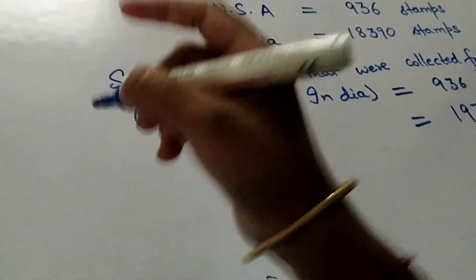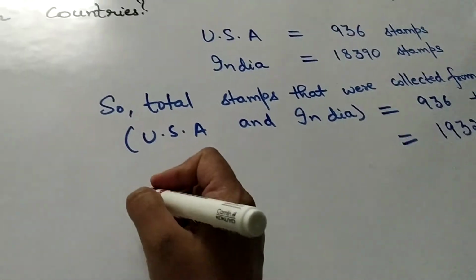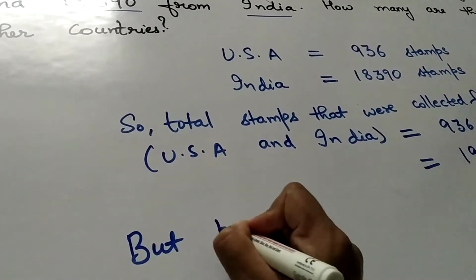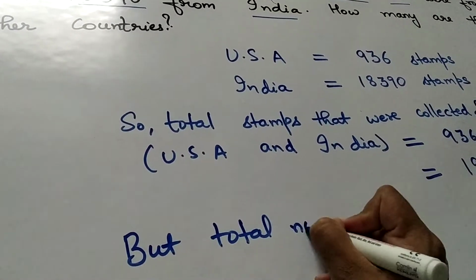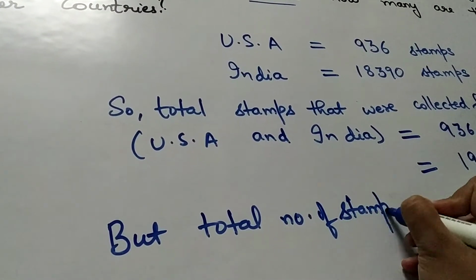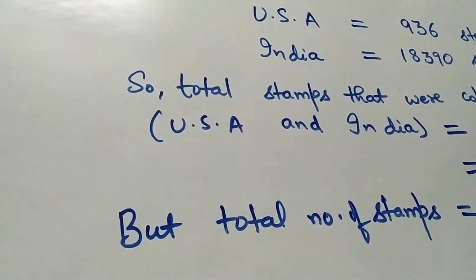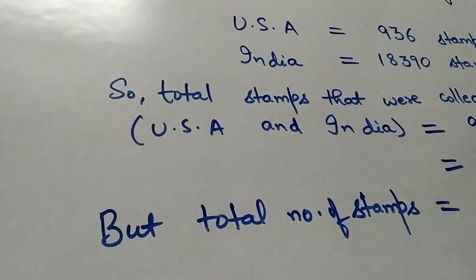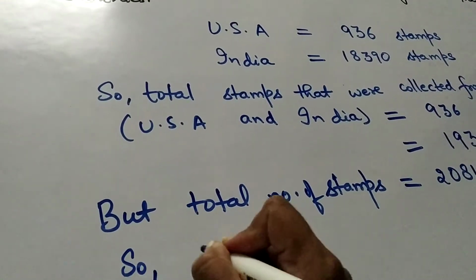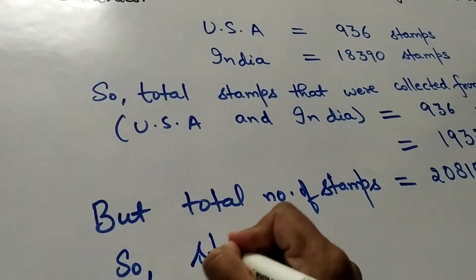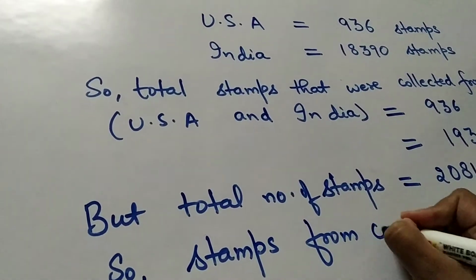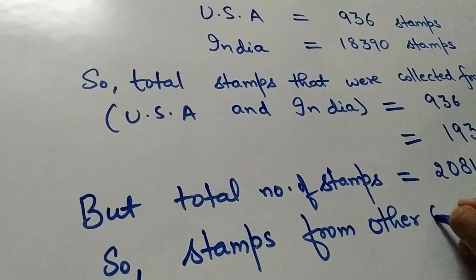Now the second part of the question says, total number of stamps? Total number of stamps are 20,815, right? So stamps from other countries will be how much?